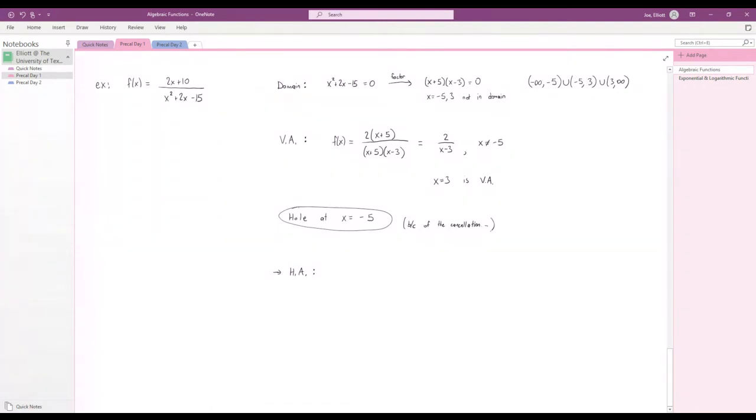But if you talk to some of your professors, you might be surprised to hear that they actually don't consider a hole to be a discontinuity. So that's maybe something you could talk to a professor about if they ever reveal that opinion to you. But in your calculus courses, you can consider a hole to be a discontinuity, for sure.